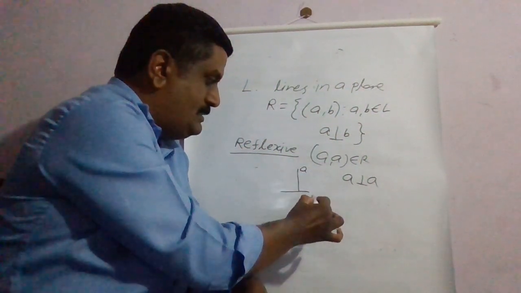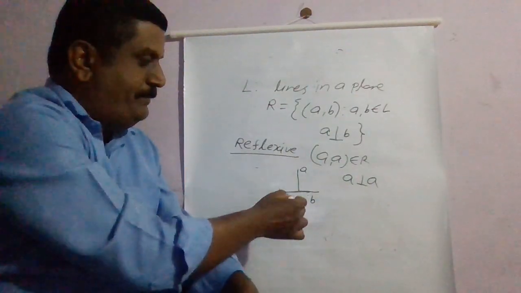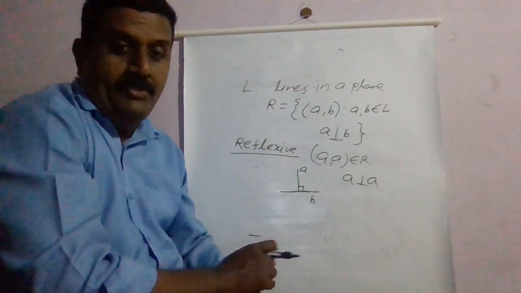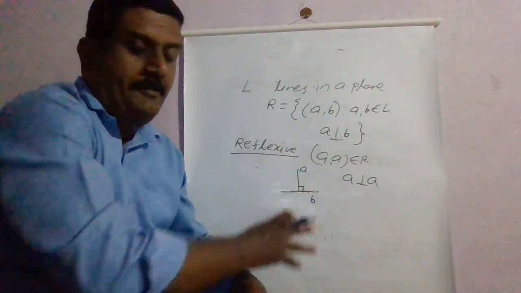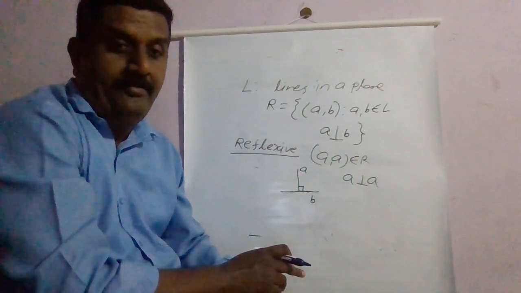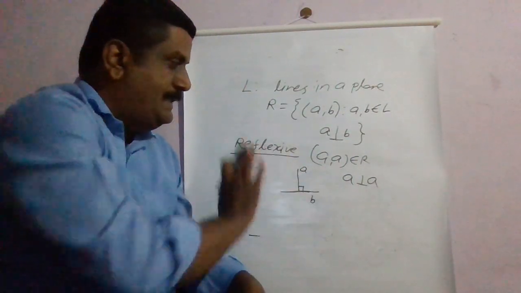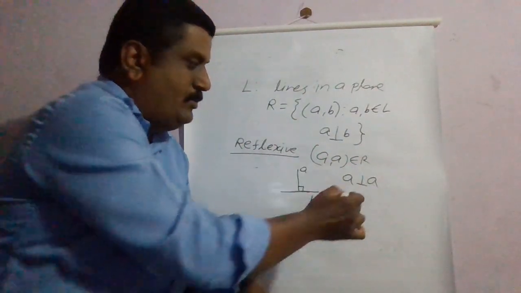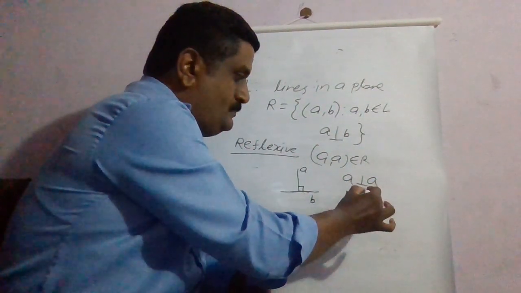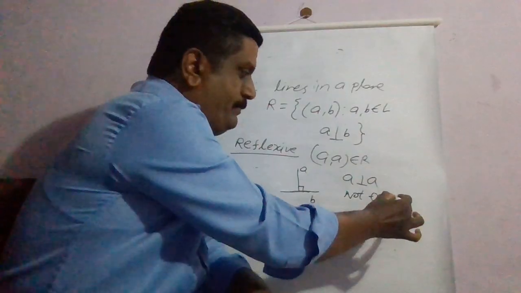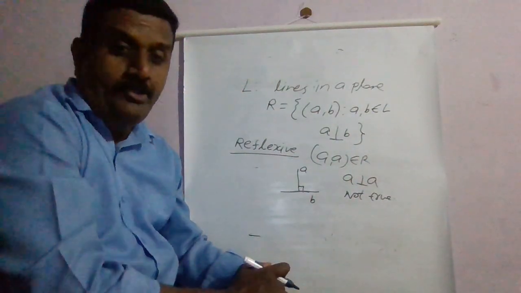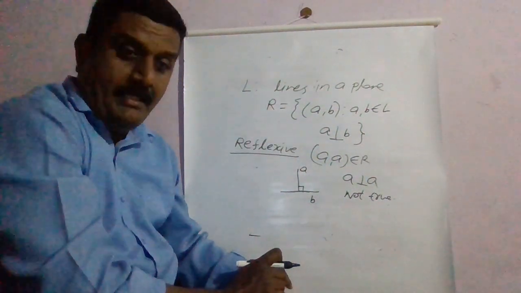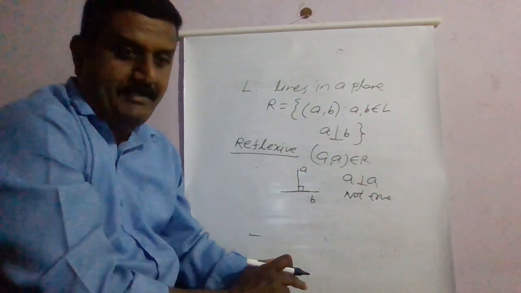This is A and this is B. These two lines are perpendicular, so the angle between the two lines must be 90 degrees. So every line is not perpendicular to itself. So clearly we can say that it is not reflexive. A perpendicular to A is not true. The relation is not reflexive.